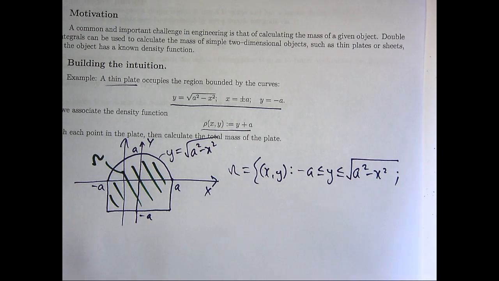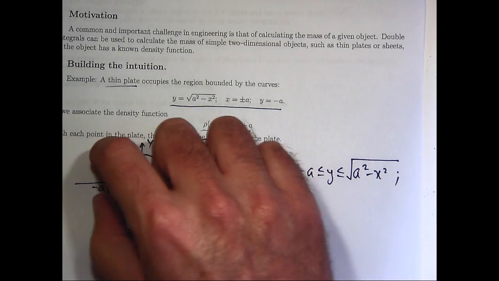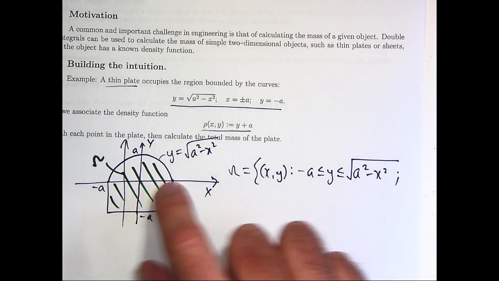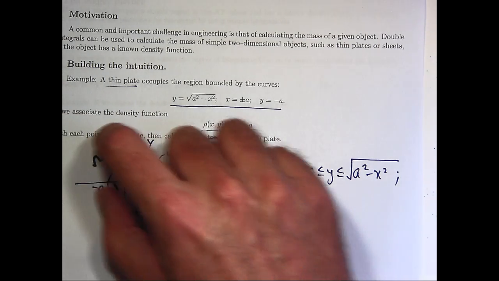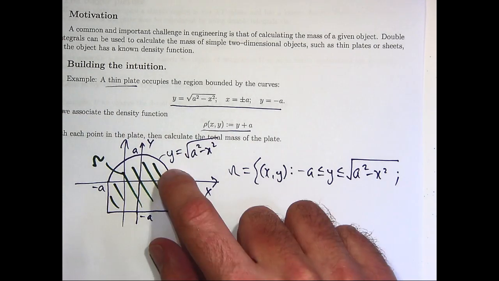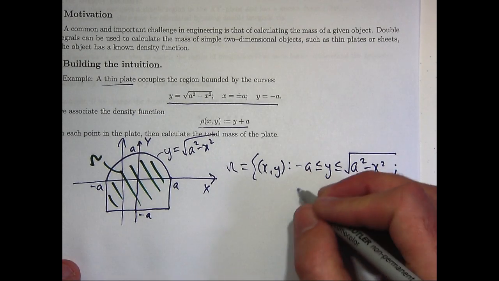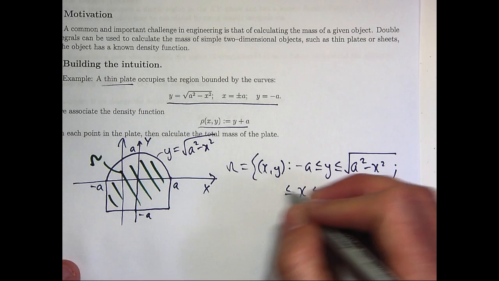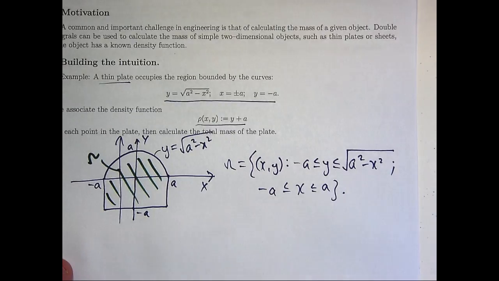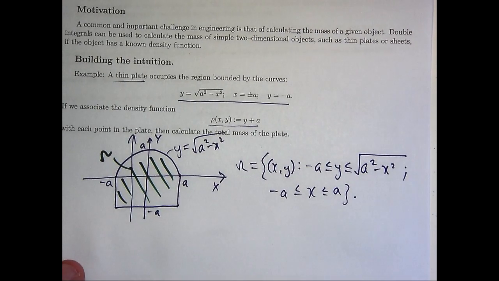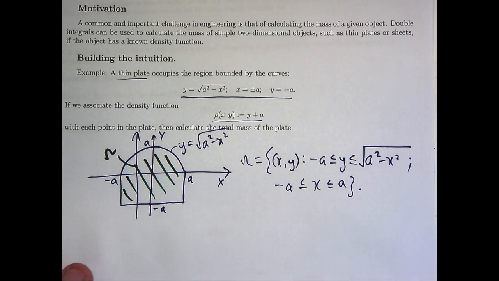Okay, and now let's take that vertical line and move it from side to side. What kind of interval do I need to move it between on the x-axis to sweep out the region? Well, I want to move it from minus a to positive a. So that's a description of our region.